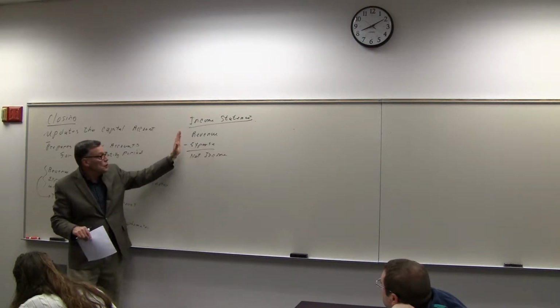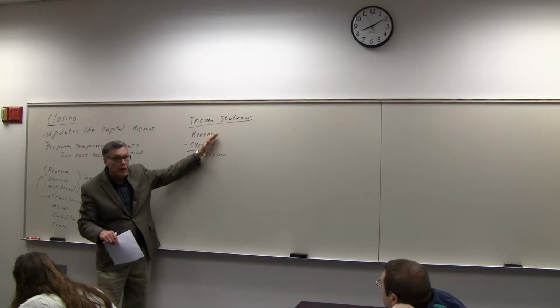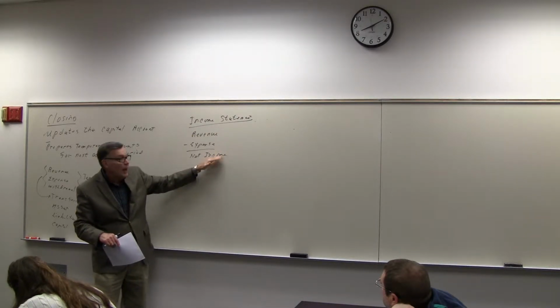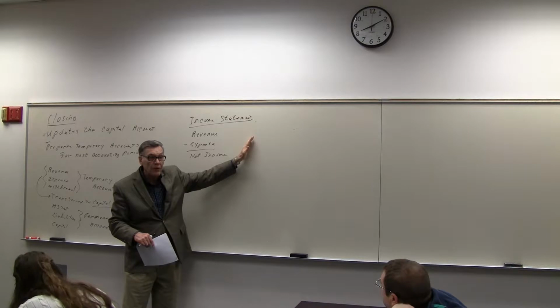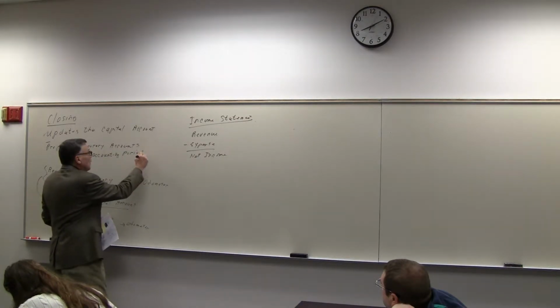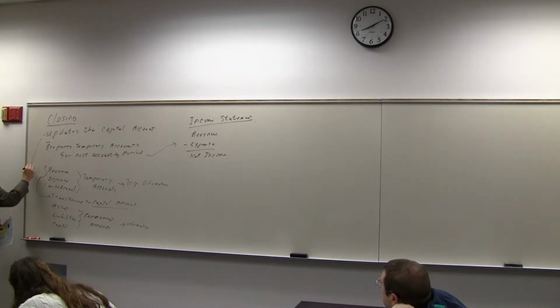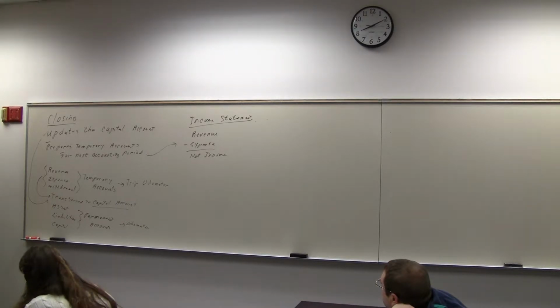So that means they have to start out at 0, they accumulate through the period, you find the net income, and then you return them to 0 so they're ready for the next accounting period. And so that's what we mean by prepare for the next accounting period. And this is what we mean by update the capital account. Does that make sense? Okay. So this is what closing does.